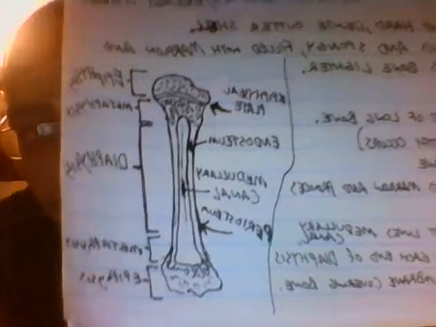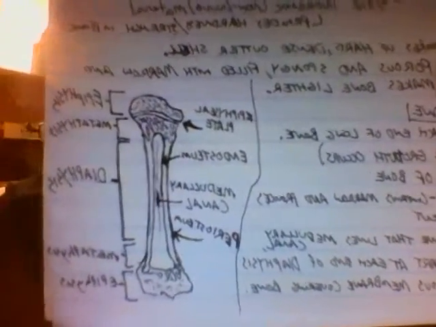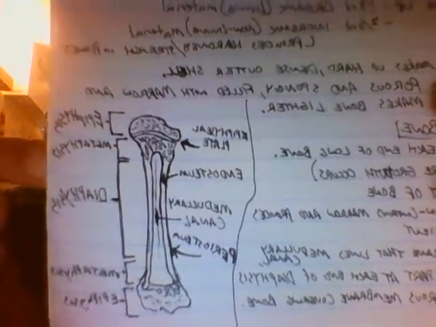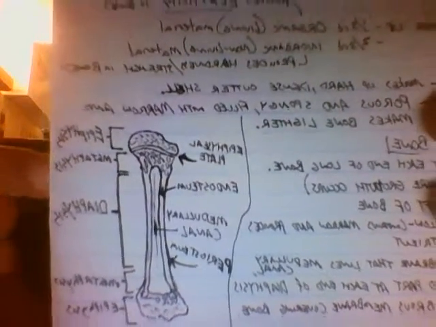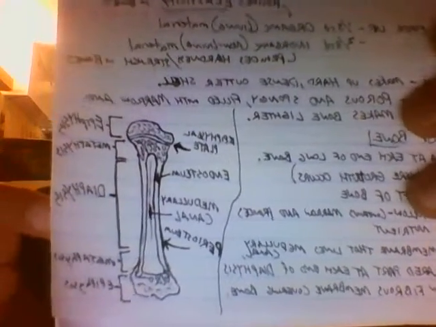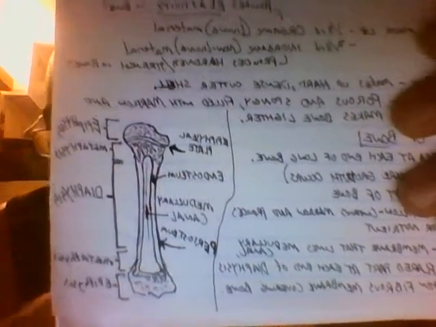All right, so pretty much the top part of the bone is the epiphysis. The metaphysis is right under the epiphysis, and then the diaphysis is the long part of the bone, the shaft of the bone.